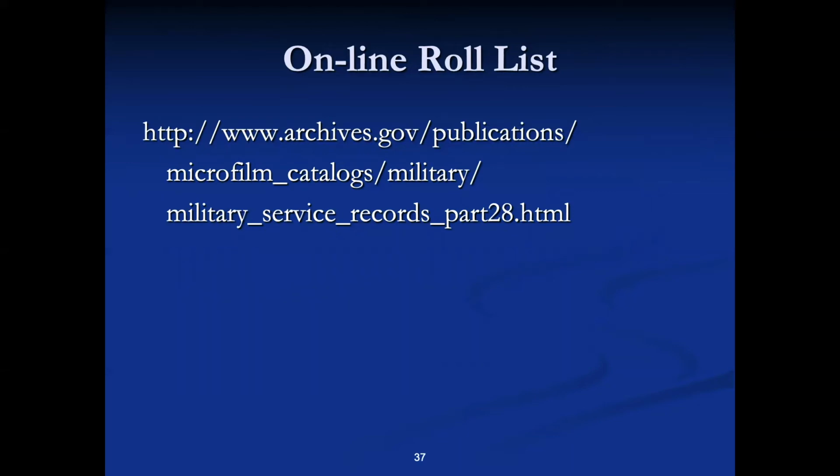However, that online roll list is also in the first roll on Ancestry in the very beginning as part of the introduction. So whenever you're dealing with microfilm, you always want to go look at the first roll in the front and take a look at the descriptive pamphlet, or go to archives.gov and download the descriptive pamphlet.